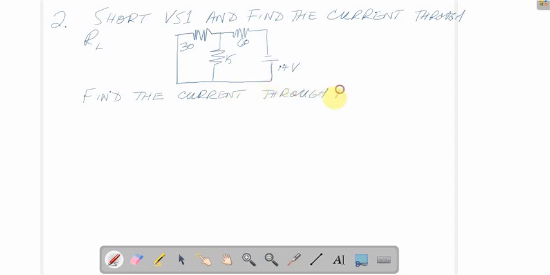In order to do that, we need to find the total current, and then we'll find the current that goes through the load resistor. So we need the total current. In order to get the total current, we need to know the total resistance in this circuit. So let's take a look at that.